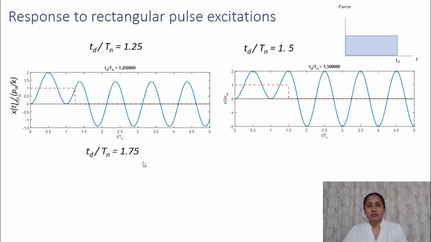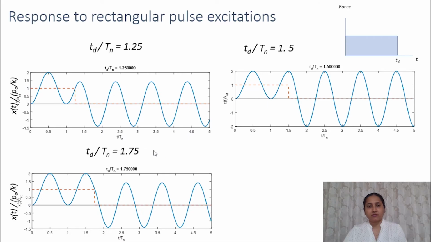Now let's see the response for Td by Tn equal to 1.75. The similar pattern continues. During the pulse, the system oscillates about the static equilibrium position, and after that it goes back to the original equilibrium position, and the maximum response is happening during the forced vibration.